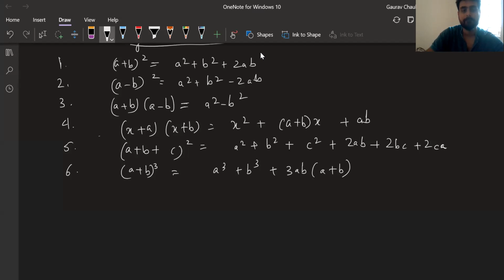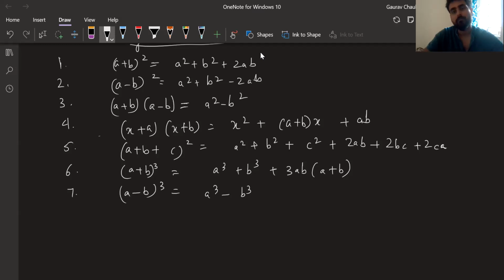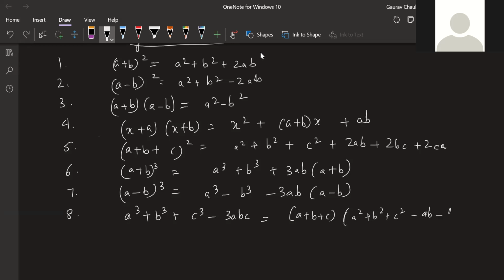Then a minus b whole cube, which is a cube minus b cube minus 3ab bracket a minus b. Then a cube plus b cube plus c cube minus 3abc is equal to bracket a plus b plus c, then bracket a square plus b square plus c square minus ab minus bc minus ca.